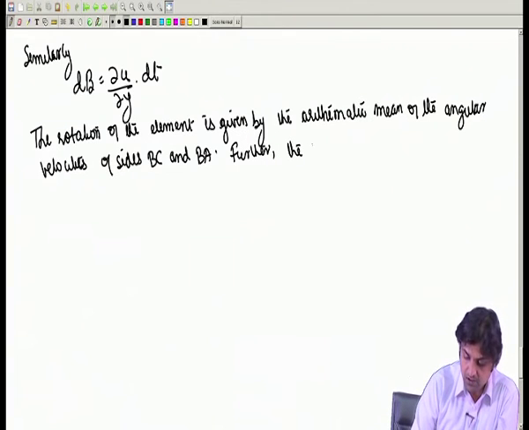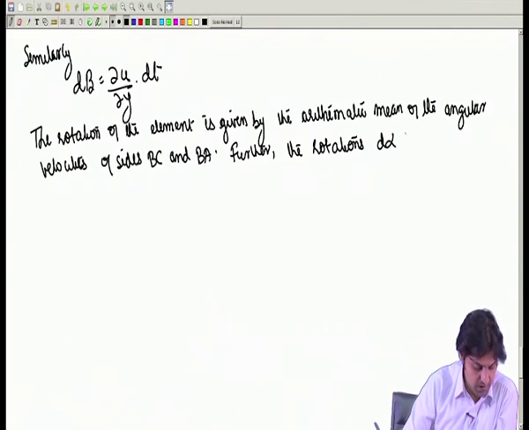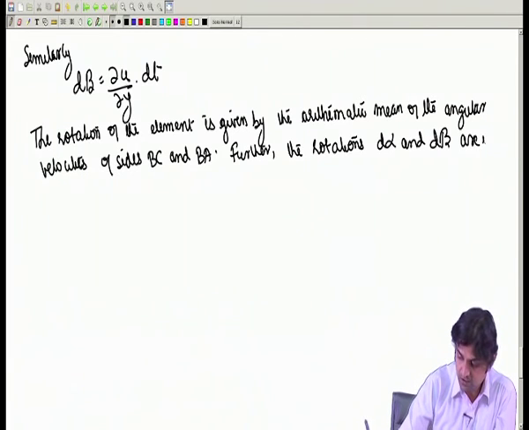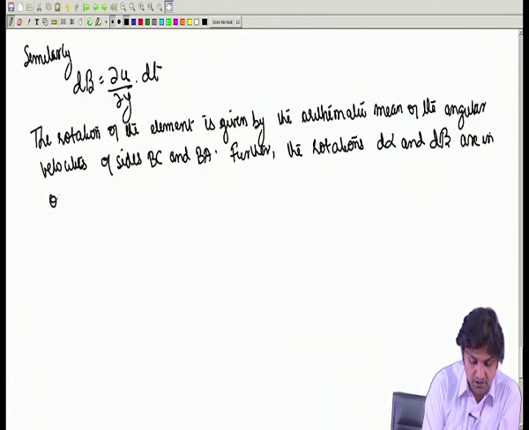Further, the rotations d alpha and d beta are in opposite sense.